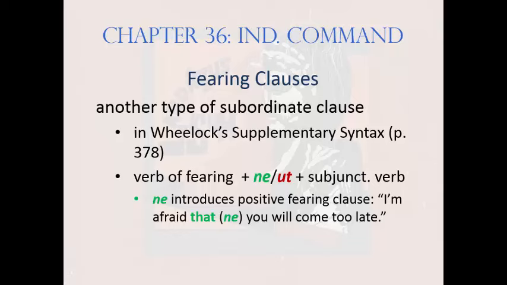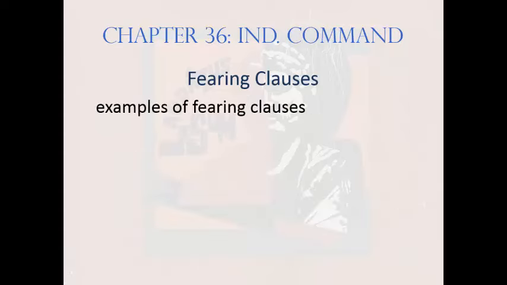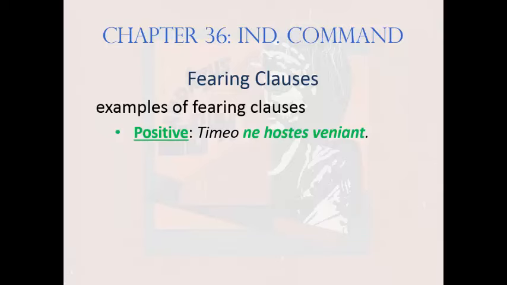Ne introduces a positive fearing clause, such as I'm afraid that, ne, you will come too late. Ut begins a negative one, as in I'm afraid that, ut, you will not come on time. Let's look at a few examples. First, a positive fearing clause. Timeo ne hostes veniant, meaning I fear that the enemy is coming or will come.